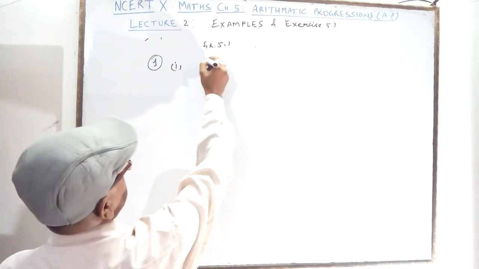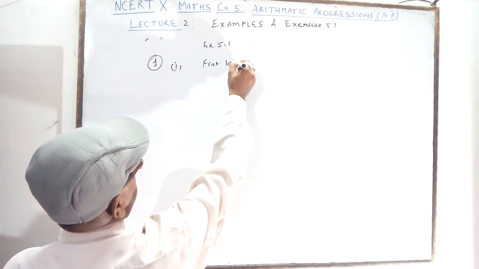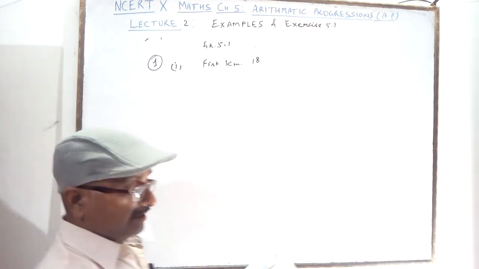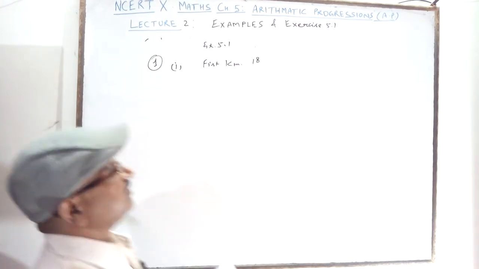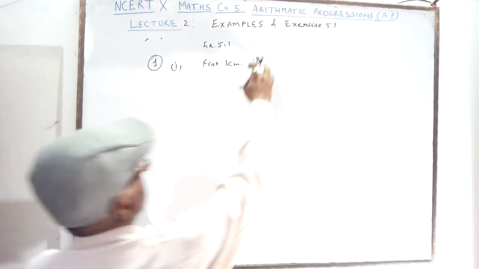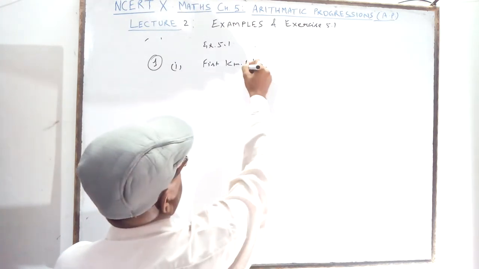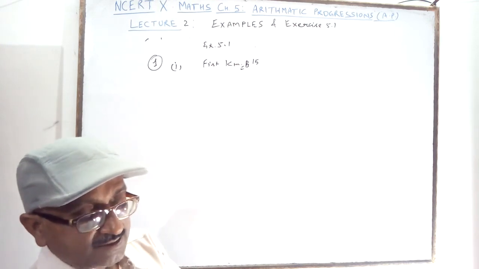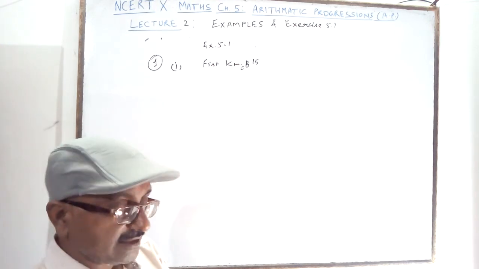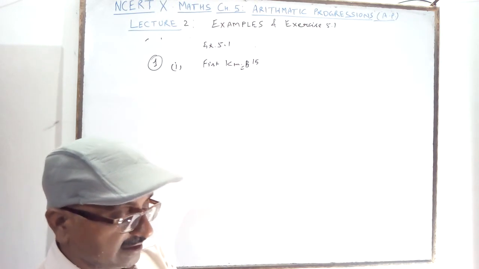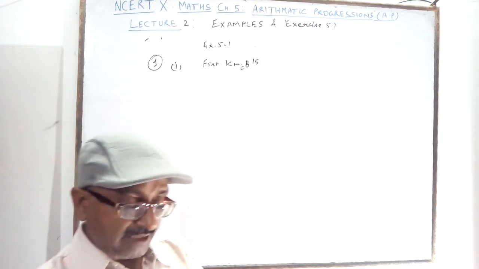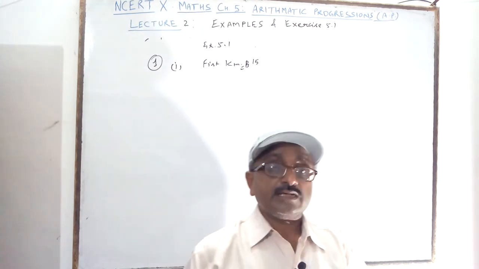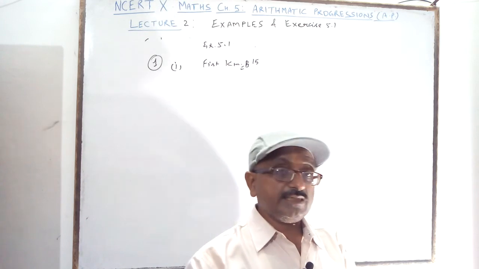For the first kilometer, how much? Rupees 15, not 18. And after this, each additional kilometer is 8 rupees. So you apply the rule: 15 plus each one more kilometer, 8 rupees more.